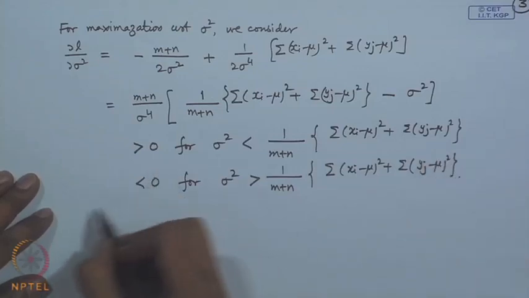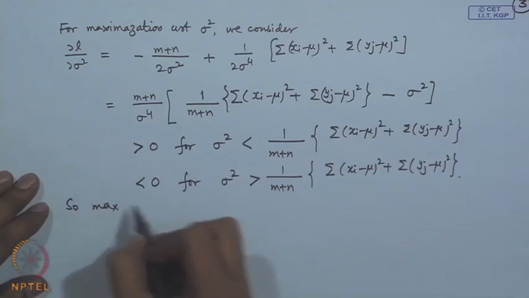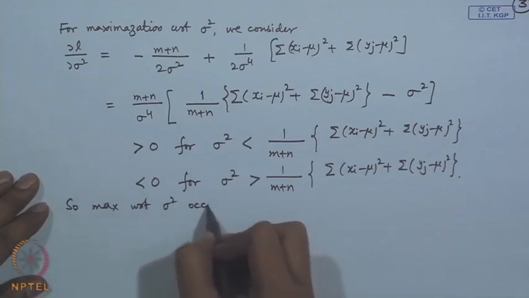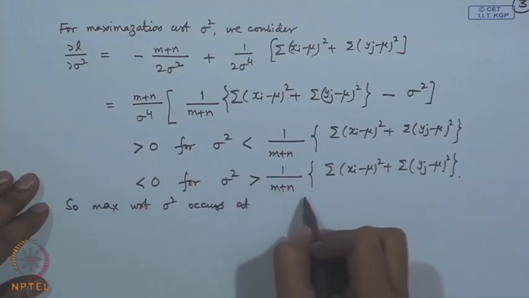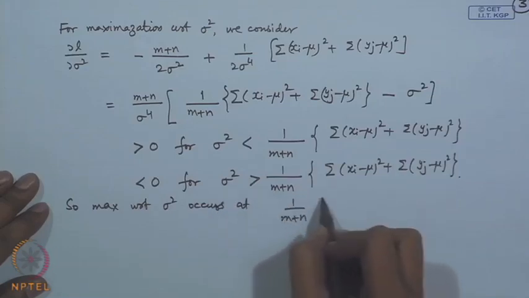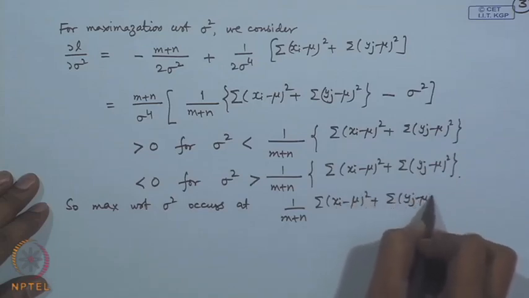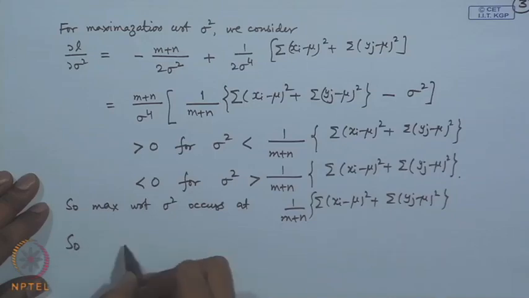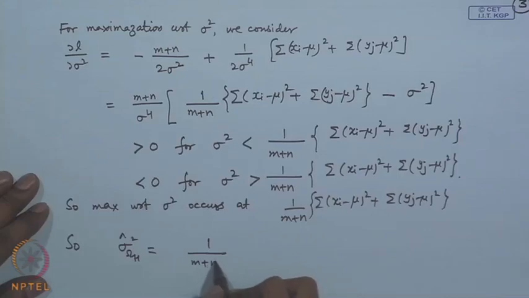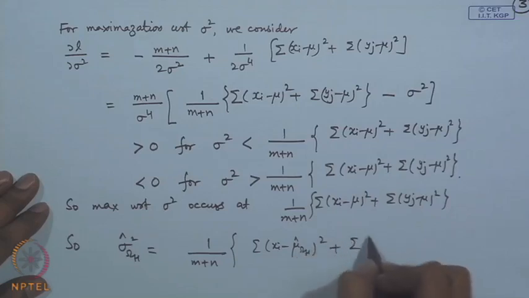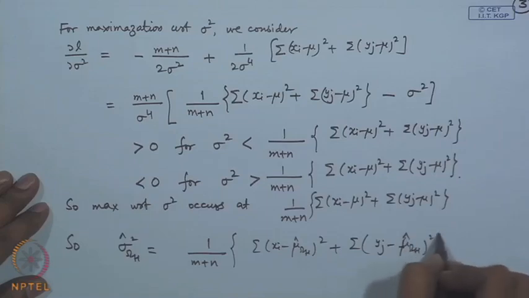So, maximization with respect to sigma square occurs at this quantity, that is 1 by (m plus n) times (sigma x i minus mu) square plus (sigma y j minus mu) square. So, we can say that sigma omega hat head square is equal to 1 by (m plus n) times (sigma x i minus mu omega hat head) square plus (sigma y j minus mu head omega hat) square.